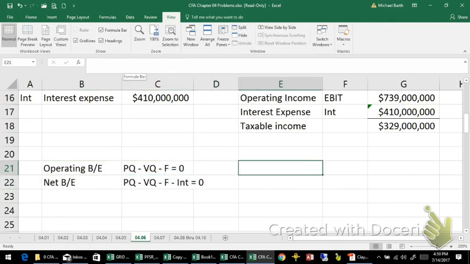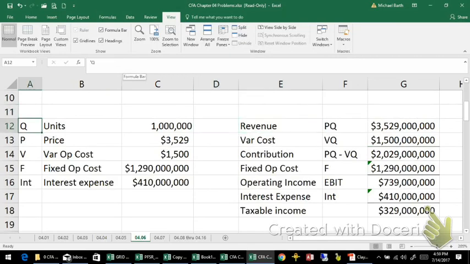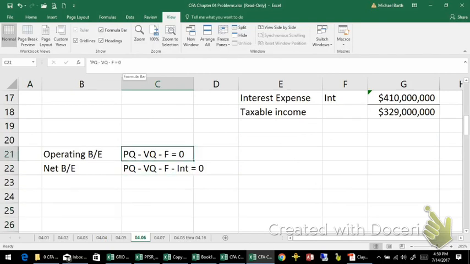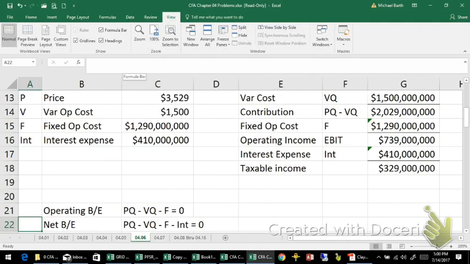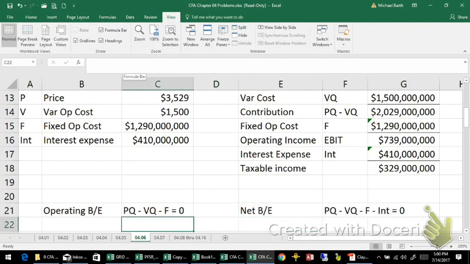If I take PQ minus VQ minus F and set that equal to zero, I'm solving for units, Q. Solving for Q will give me the break-even numbers I need, but it's going to be different depending on whether I'm doing the overall break-even or just the operating break-even.